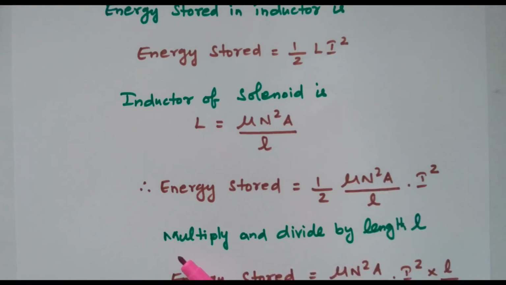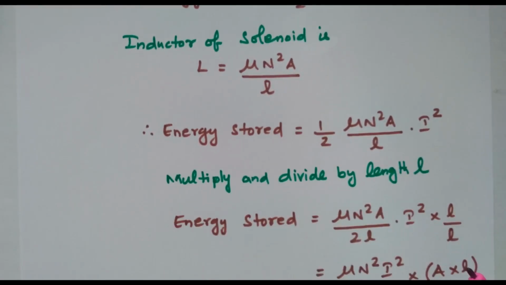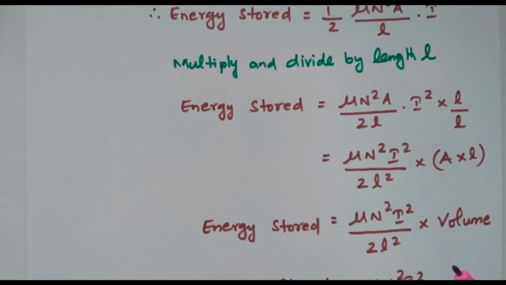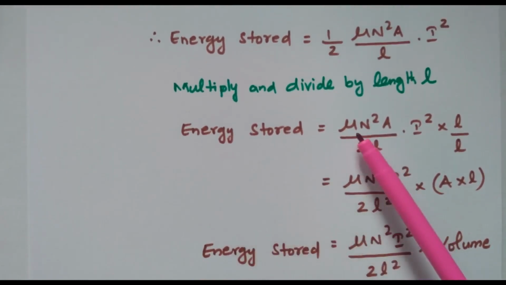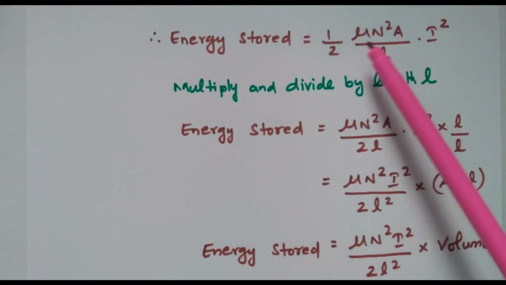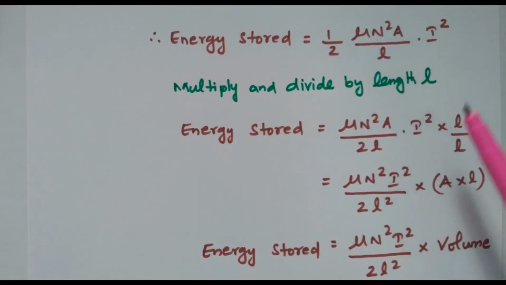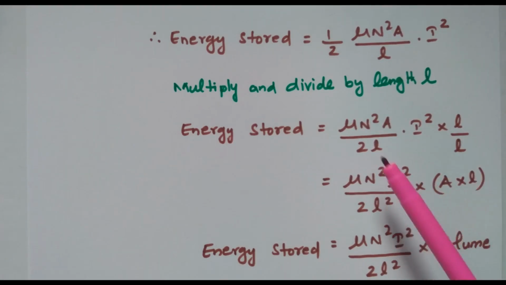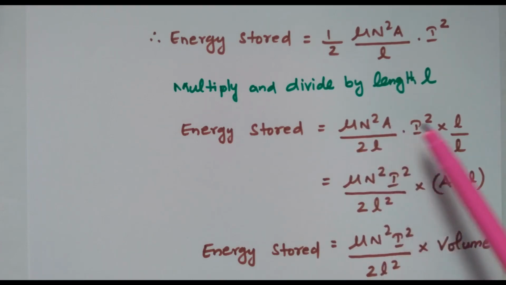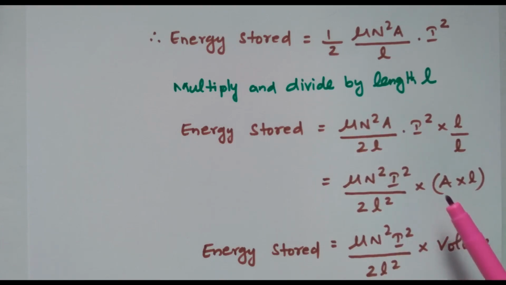In order to get the volume, here also we multiply and divide by the length L. So energy stored equals half, that is mu n square A divided by 2L, into I square divided by L, into L. Now rewrite this: mu n square I square divided by 2L, and A into L is written separately, area into length.